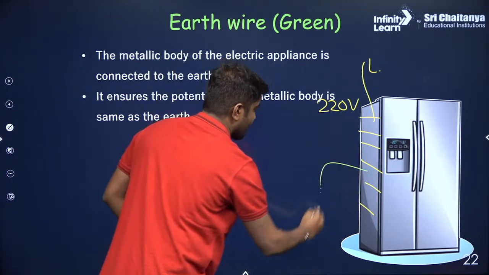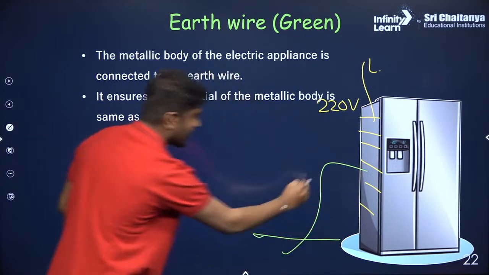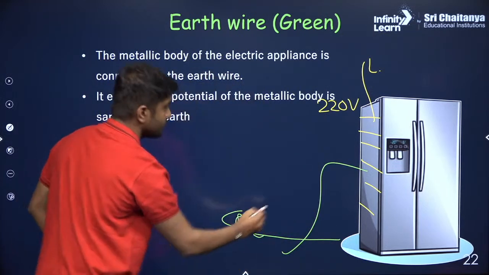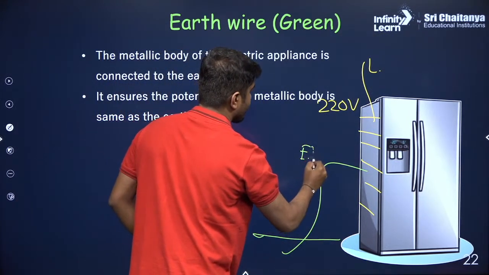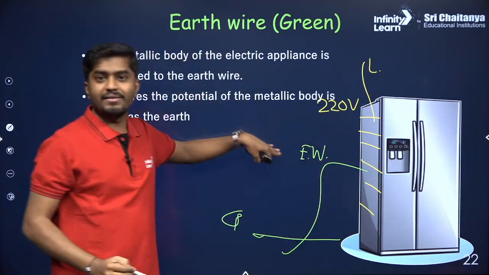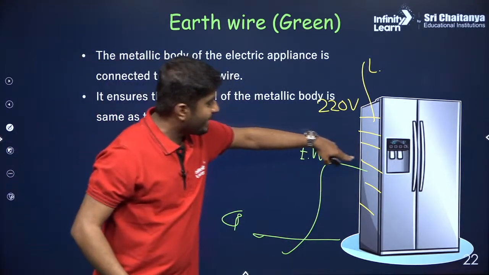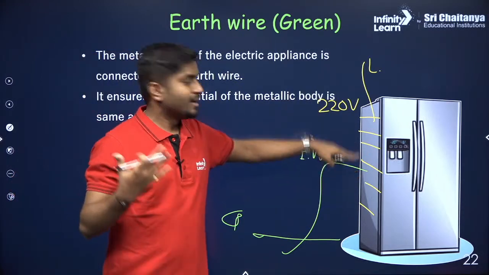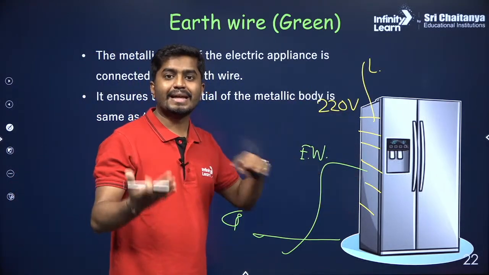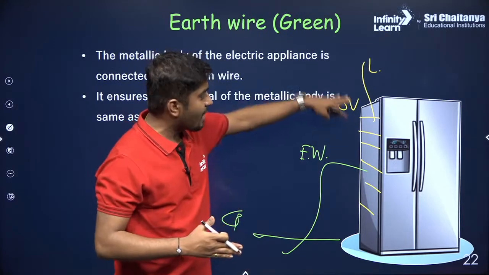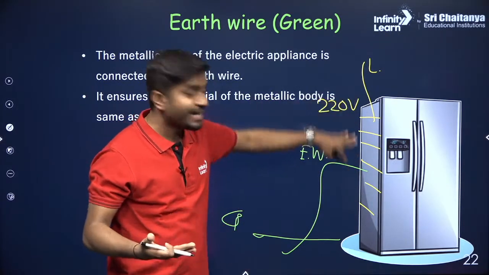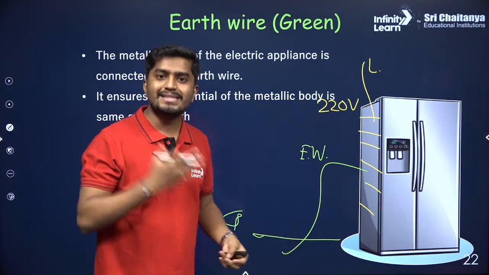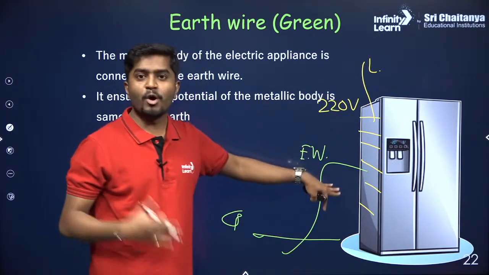There is an earth wire and it is taken to the ground. What will this earth wire do? It will pull the extra charges. The charges can be electrons: it can have more electrons, then it will become negatively charged, or it can have fewer electrons, so it would be positively charged.